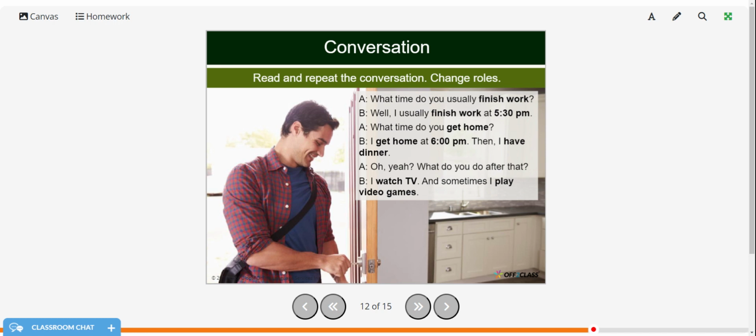All right, so this time I'll read A and then I'll pause so you can answer with B. What time do you usually finish work? What time do you get home? Oh, yeah? What do you do after that?